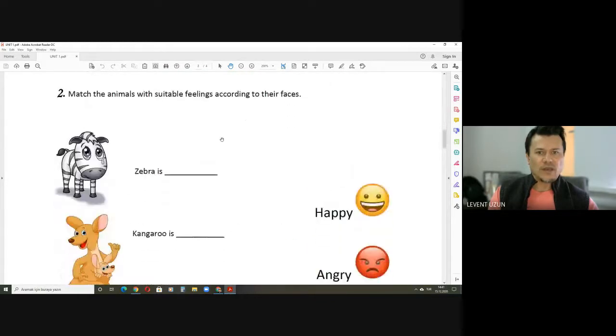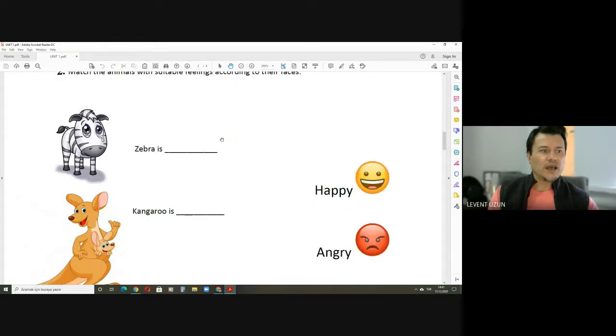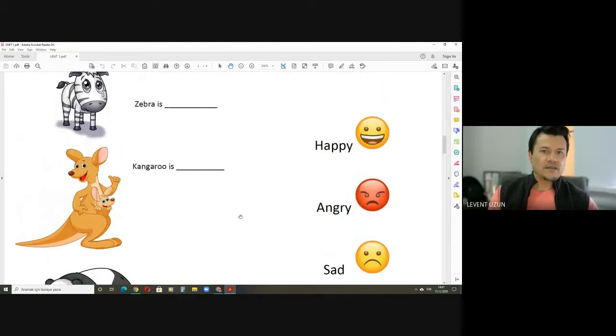The other one: match the animals with suitable feelings according to their faces. Okay, so this one is sad, right? Crying, sad. So you teach the word here. If this was in Russian, Korean or French or any other language, would you know what this sad means? What happy means?